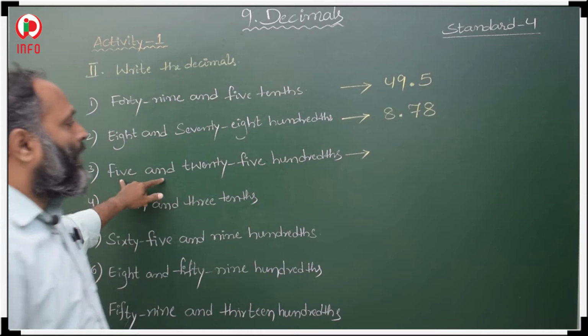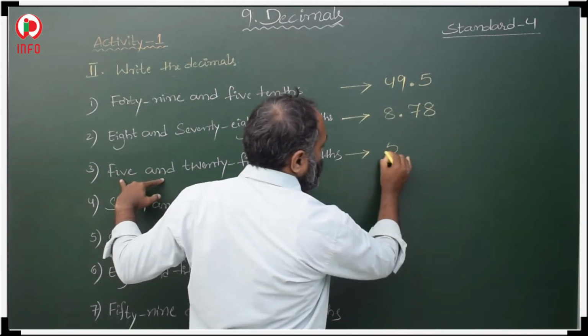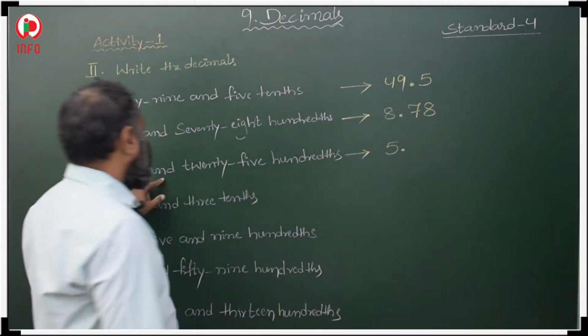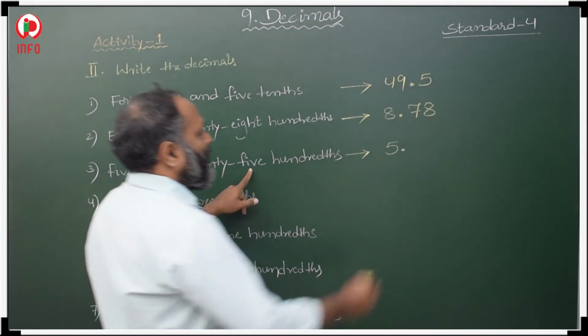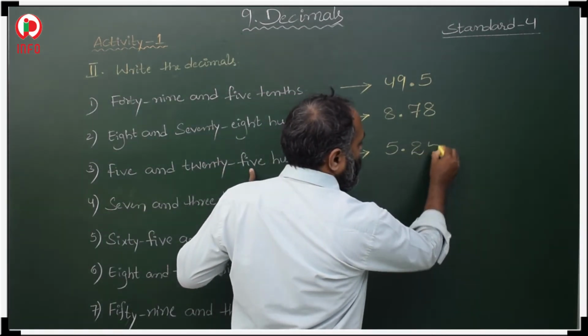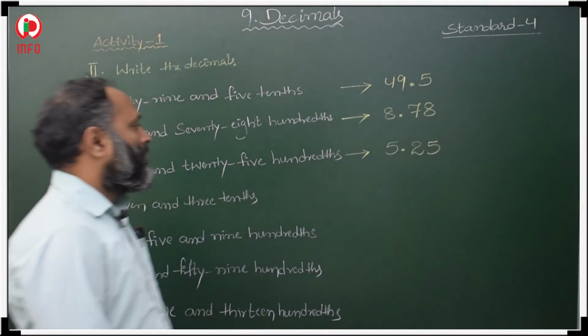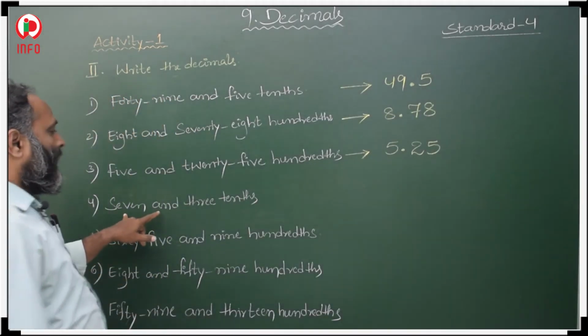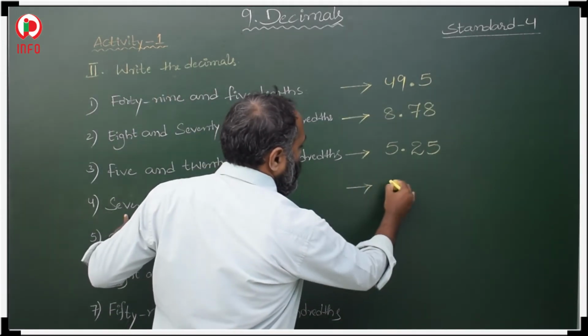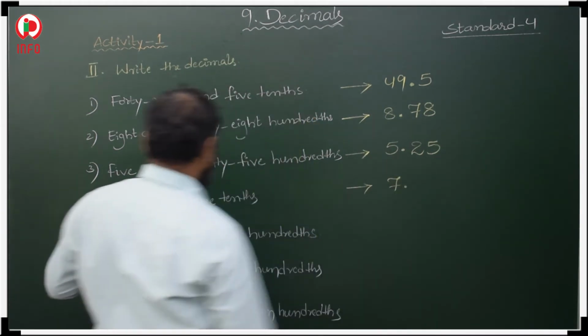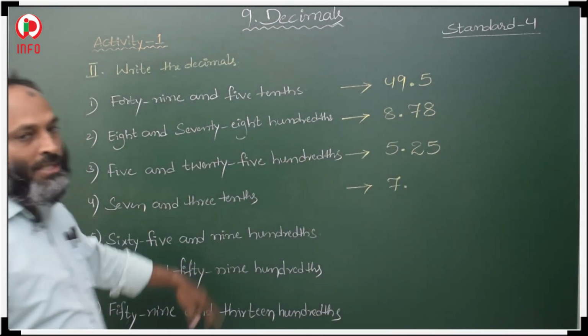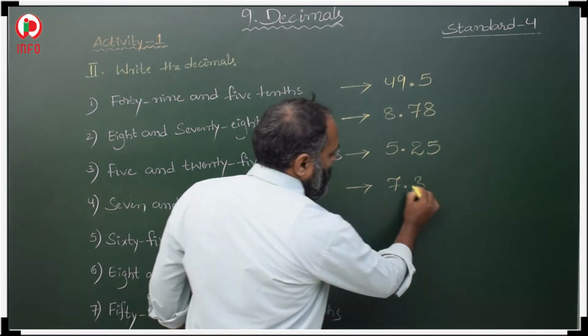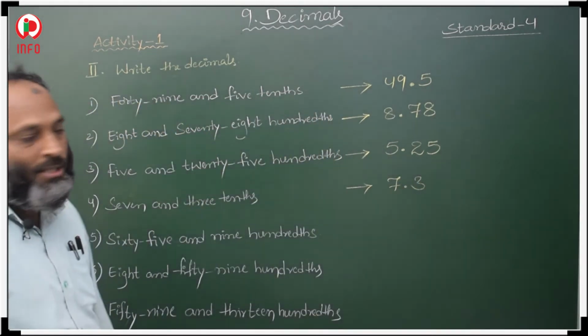Here 5 and 25 hundredths. Next, 7 and 3 tenths. Only tenths is given, one digit, so 3 goes in the tenths place.